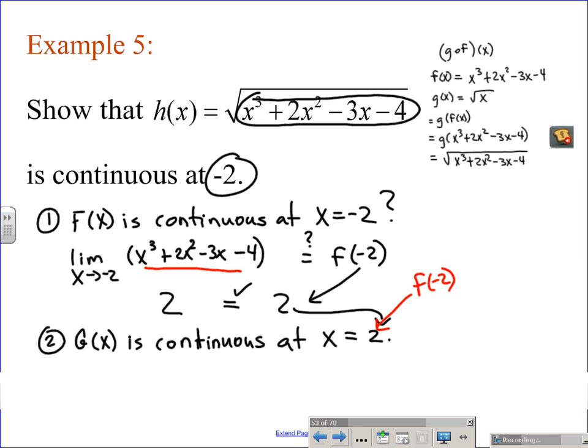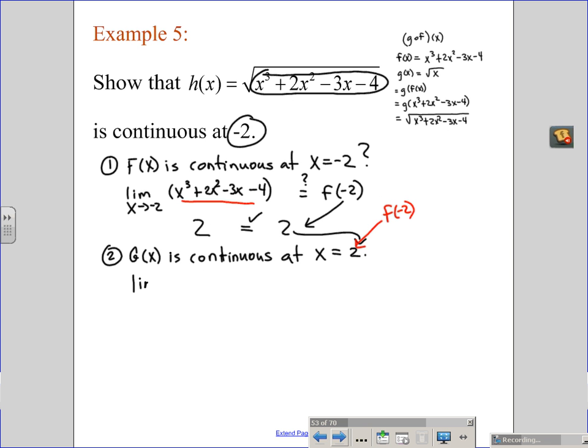It's what I got when I plugged negative 2 into f. So to figure that out, we're going to find the limit of g of x as x approaches 2, and we want to know if that's equal to g of 2.